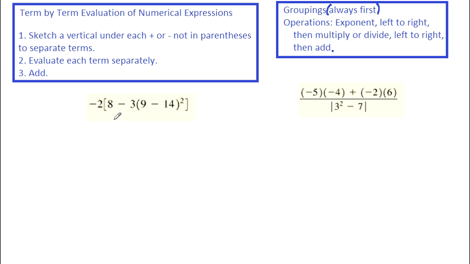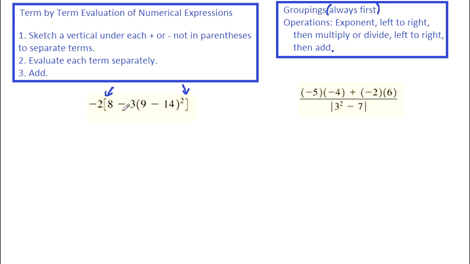But the same thing that you did with several terms, I can treat this bracket, which starts right here and ends right here, as a grouping symbol, as a separate problem almost, and leave the negative 2 where it is, and just work inside.